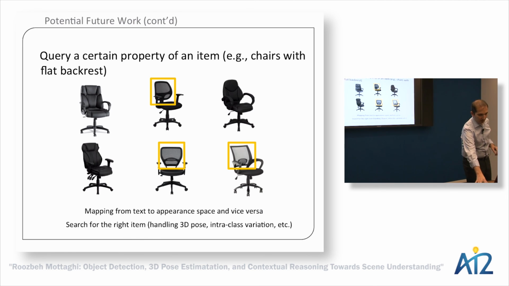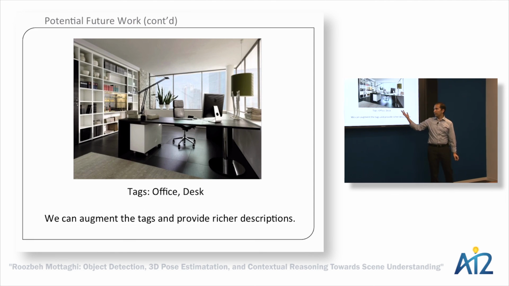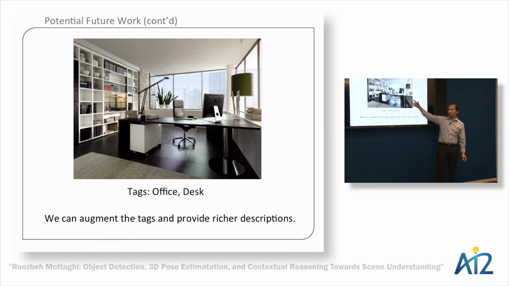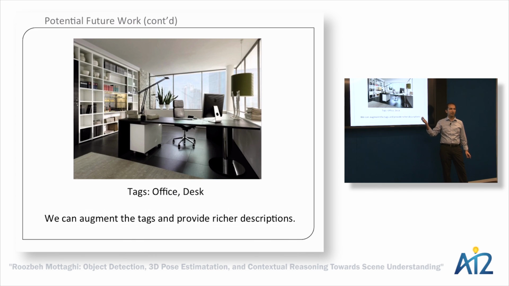Another thing we can do is this: if you check the tags for this image, they are office and desk. So the tags are okay, but not rich enough. One thing we can do with visual information is augment these tags with additional tags and provide richer descriptions for the images that we see.